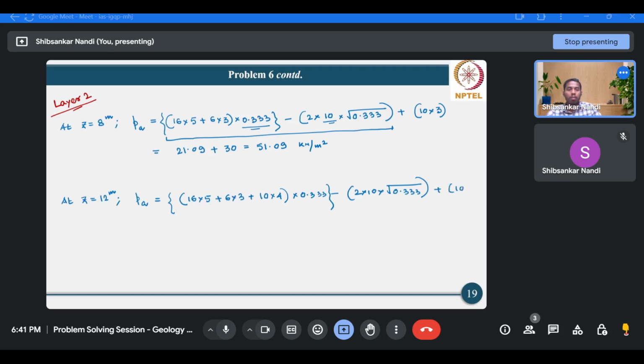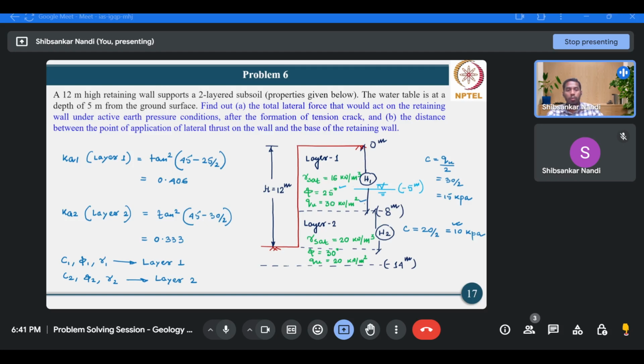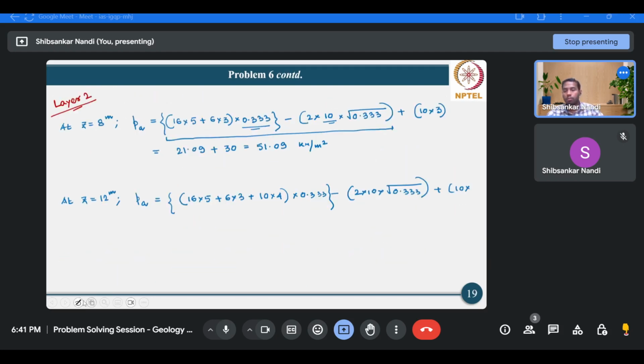Plus 10 into, now this height would be 3 plus 4. Okay, so this is your 3 meter, and this is your 4 meter.